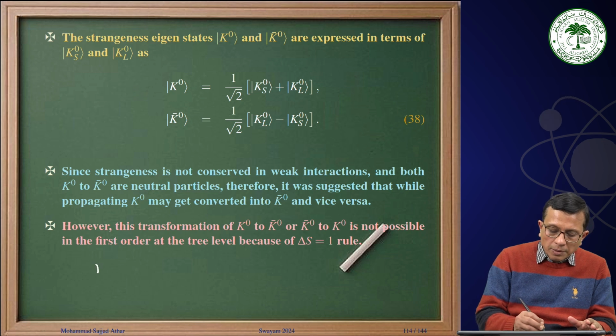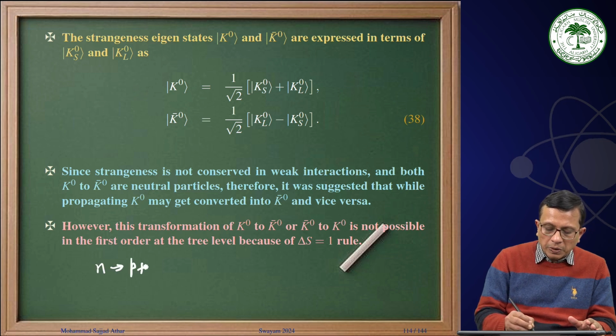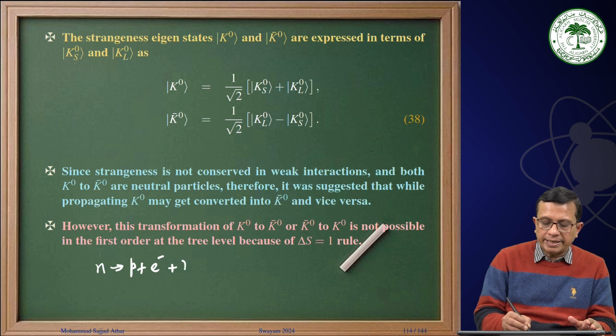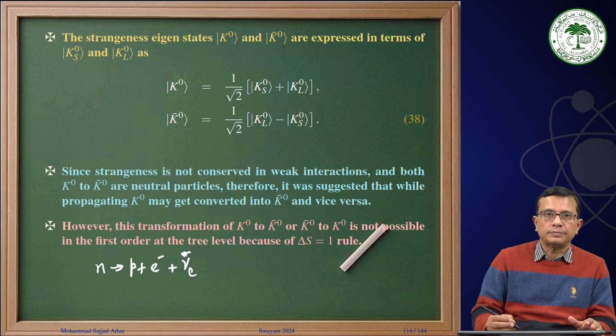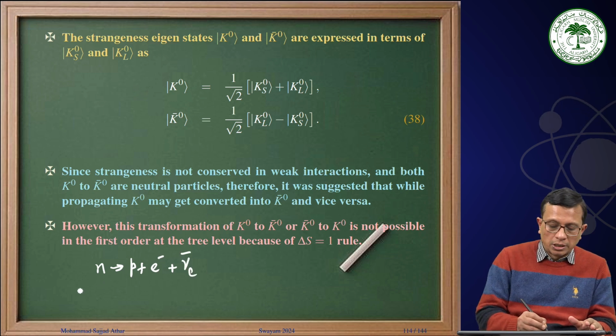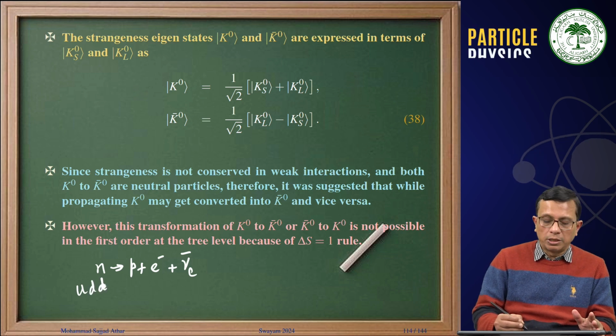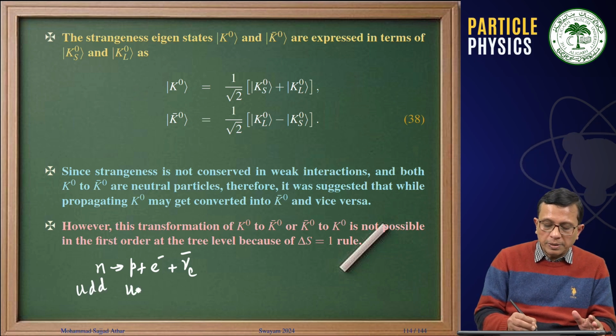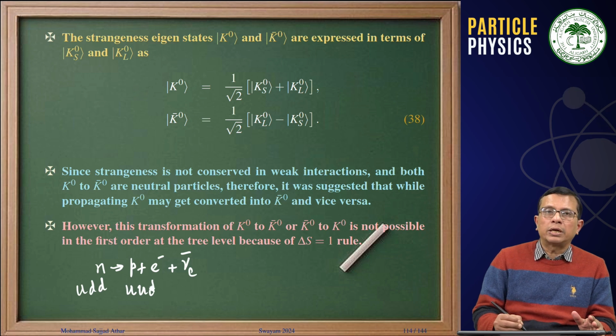Suppose I talk about a neutron decaying into proton plus electron plus antineutrino. Now, what is a neutron? A neutron is made up of 2 d quarks and 1 u quark, while a proton is made up of 2 u quarks and 1 d quark.